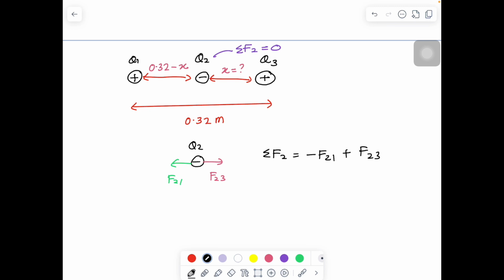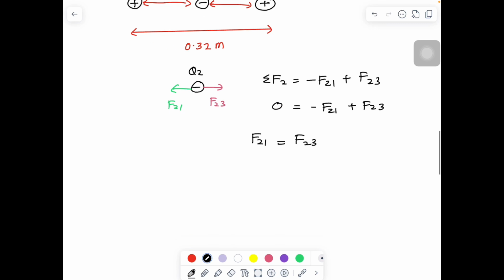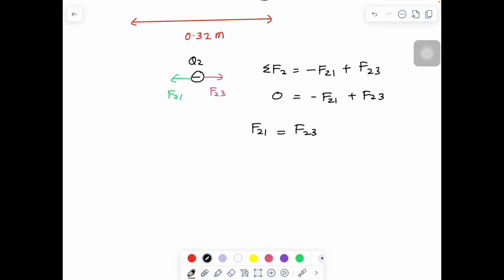So daripada sini kita boleh rearrange this equation, di mana F21 adalah sama dengan F23. So pindah ke sebelah, so dia jadi positif lah. And then keluarkan equation untuk setiap F21 dan F23 ni. So okay, Q1, Q2 divided by R12 square. Here, Q2, Q3 divided by R23 square.